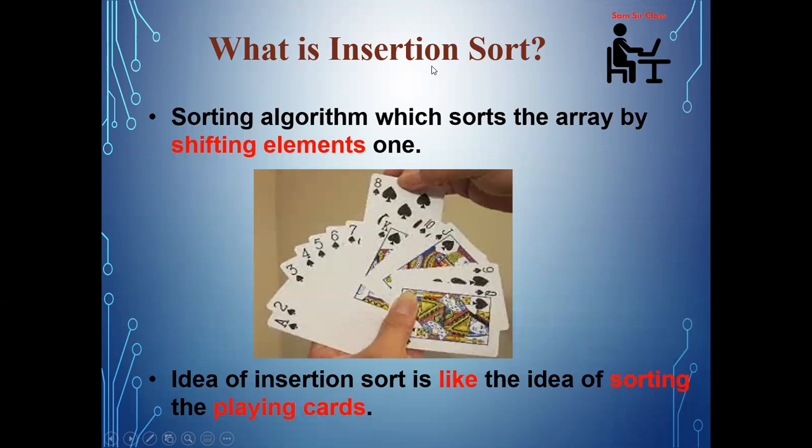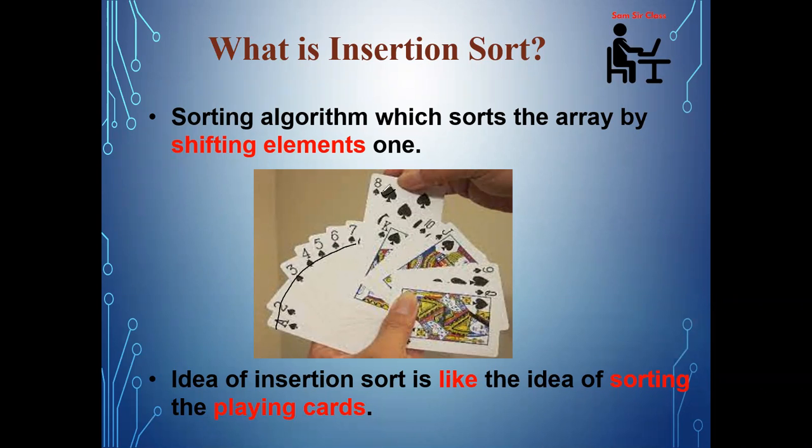If you realize that there are a number of cards available, and if you know how to play cards, then obviously you'll keep the cards in a particular ascending or descending order. Consider these cards are already in a particular order.